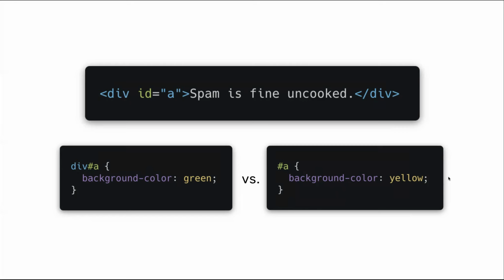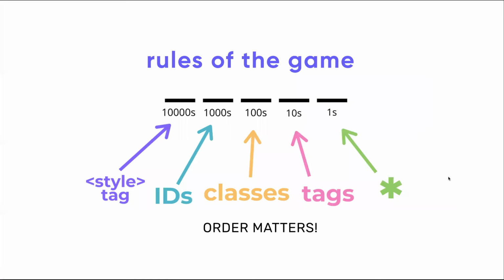Going back to our chart, on our left-hand side, we see that there's a div, so we have a tag selector and then an ID selector. The tag contributes 10. The ID contributes 1,000. So the total specificity number for the left-hand side will be 1,010.